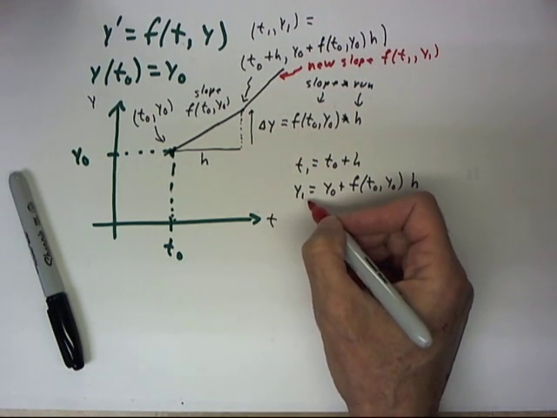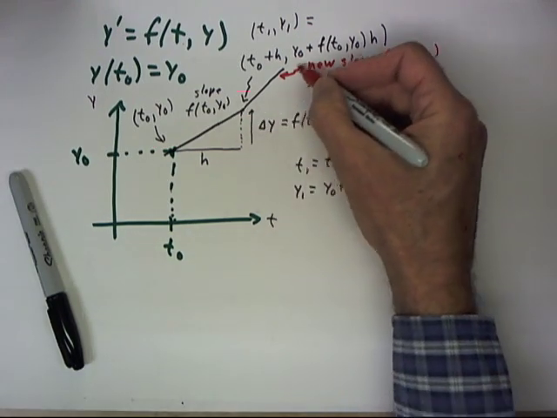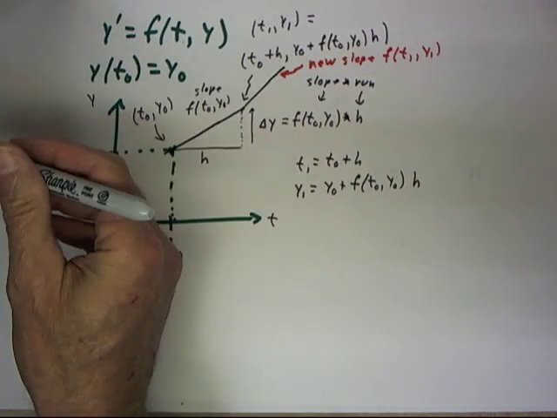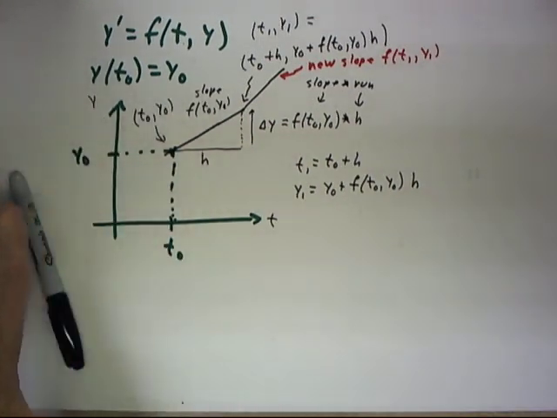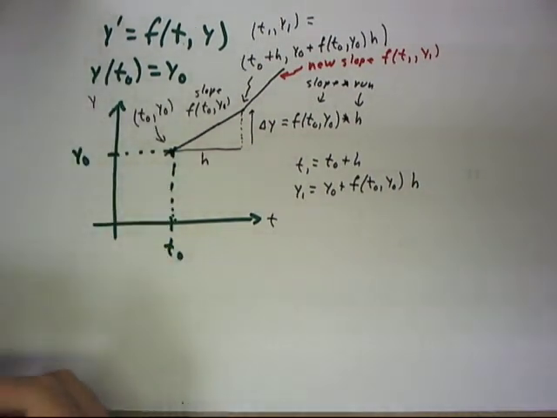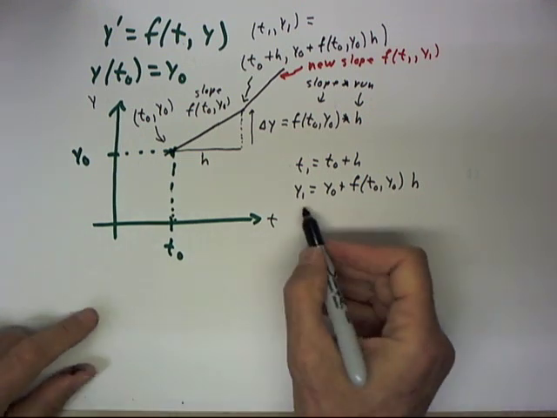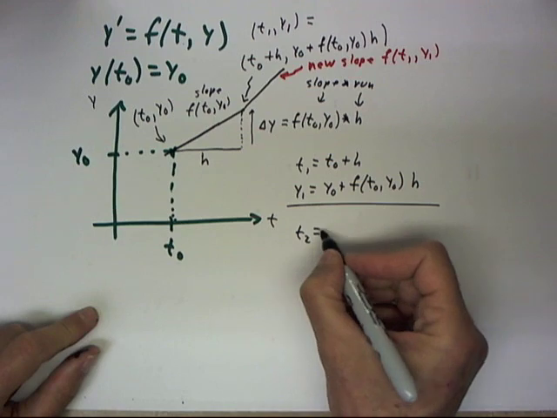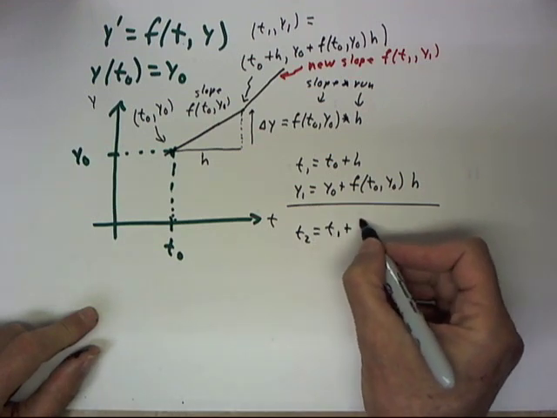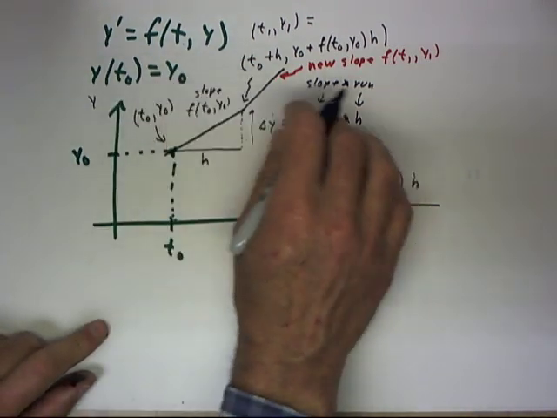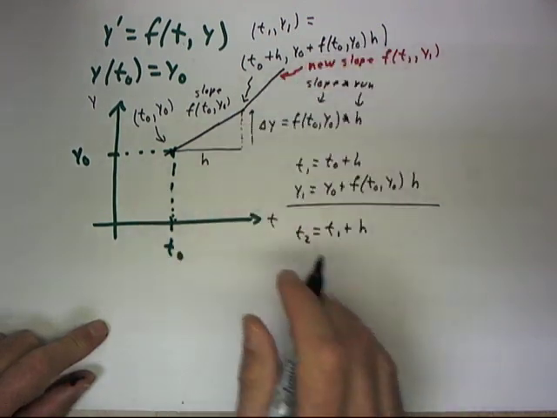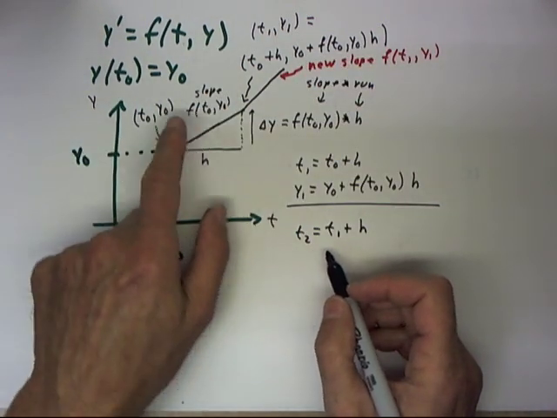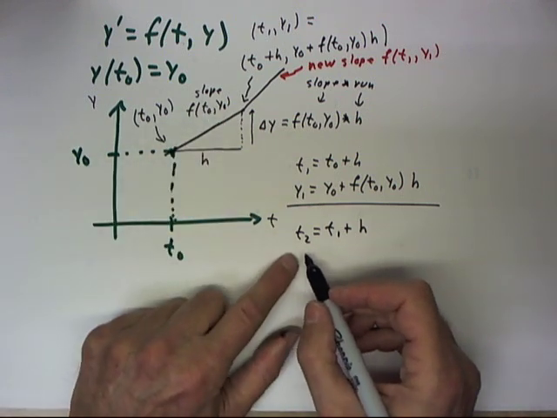Having obtained t1 and y1, we can follow this new slope for a distance h and get a t2, y2. If we do that, we're going to see that t2 is t1 plus h, if we move over distance h.